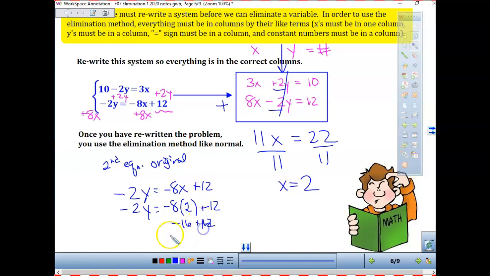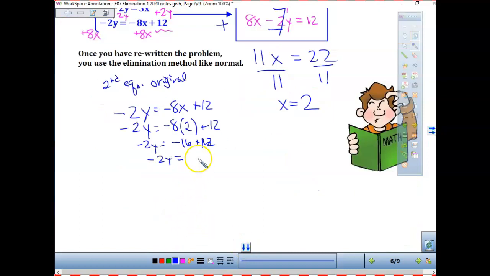If I'm adding negative 16 and 12, then I'm going to end up with negative 4. So I get negative 4. I got to divide both sides, Grady, by negative 2, not the y. Don't divide by the variable. You can always keep that variable. So my answer for y is also 2.